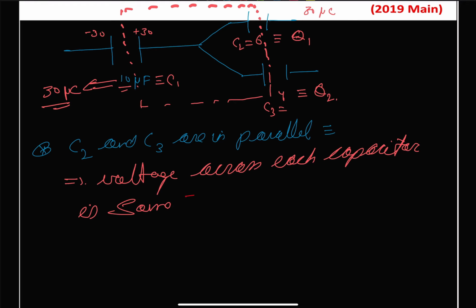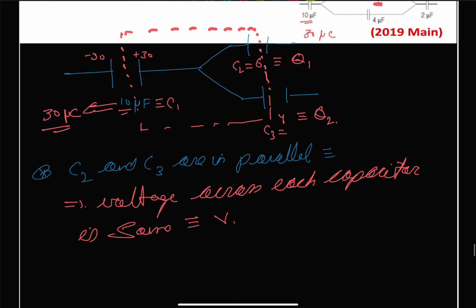Let us suppose that voltage is V. So we have voltage V here as well as here. And like I said, the charge on C2 is our Q1 and the charge on C3 is our Q2.